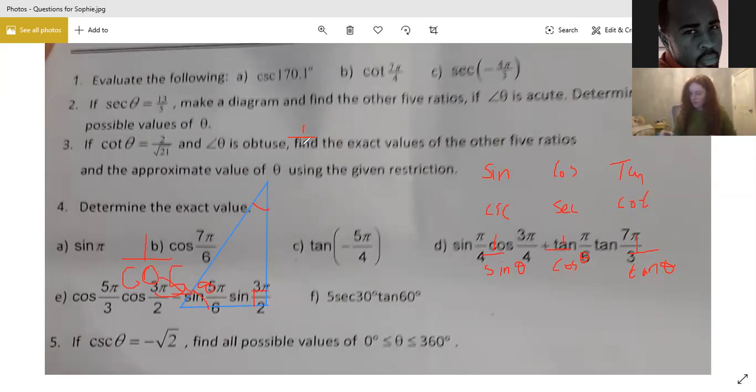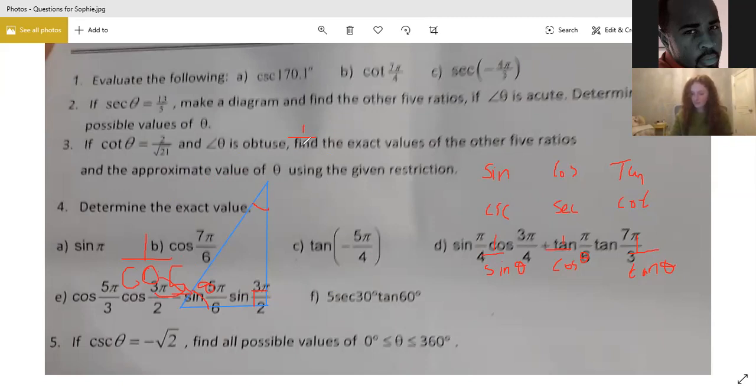Why am I forgetting how to find side lengths? I don't know. Just keep trying, keep trying.